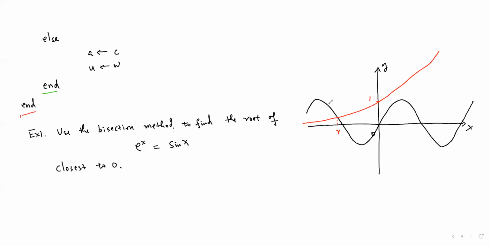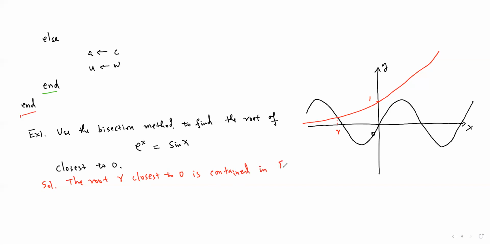And from this diagram, we can see that the root closest to 0 is on the left of the origin and is contained in this interval.